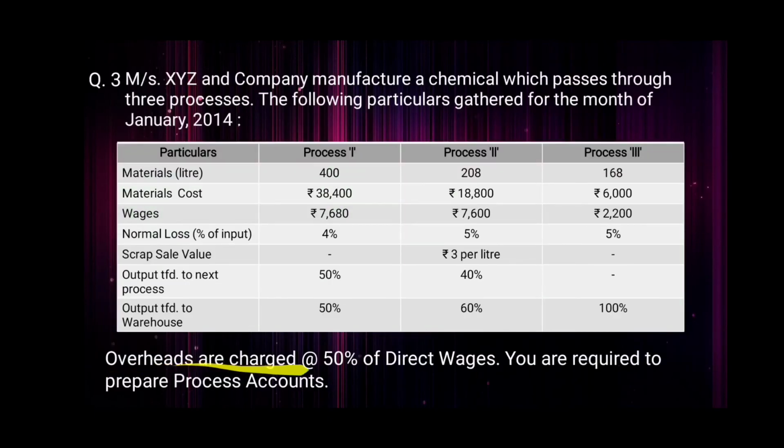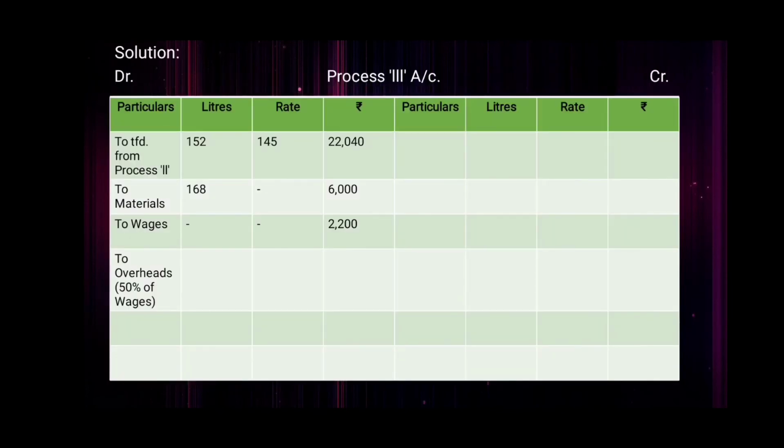Next, overheads are charged at the rate of 50% of direct wages. So 50% of 2,200. To overheads, 50% will be 1,100.